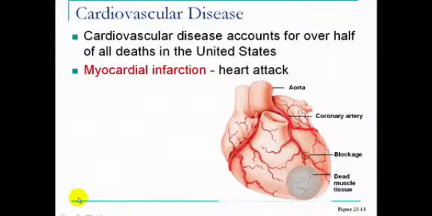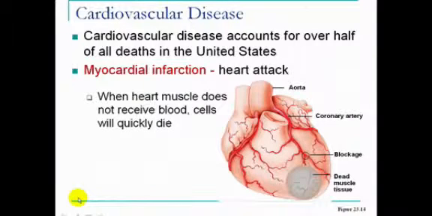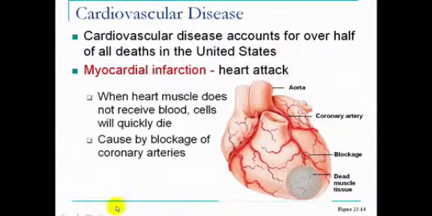A myocardial infarction is actually a heart attack. And what causes it is you have your coronary arteries that are small little arteries that travel and feed the cardiac muscle with blood. And we talked about that cardiac muscle always has to have a constant supply of blood, because if it doesn't have oxygen, it can easily die.